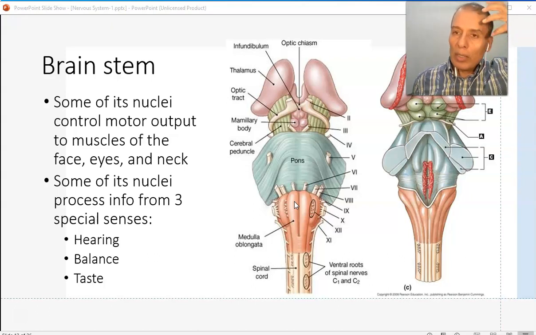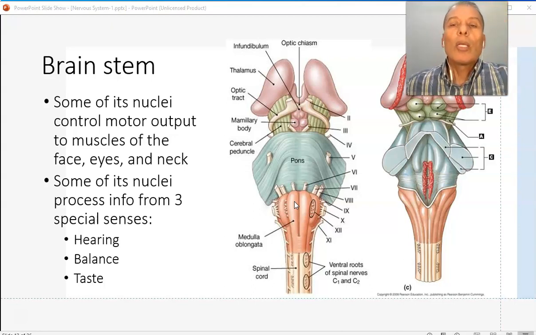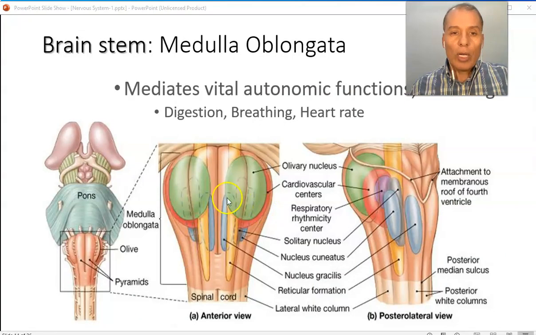But deep in the white matter, and also in the brainstem, we have these clusters of cell bodies that do not live in the cortex, they live way down, and this is why we call them nuclei.